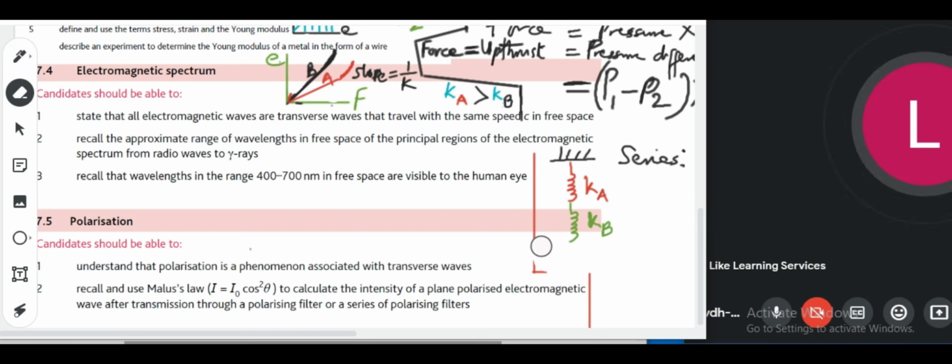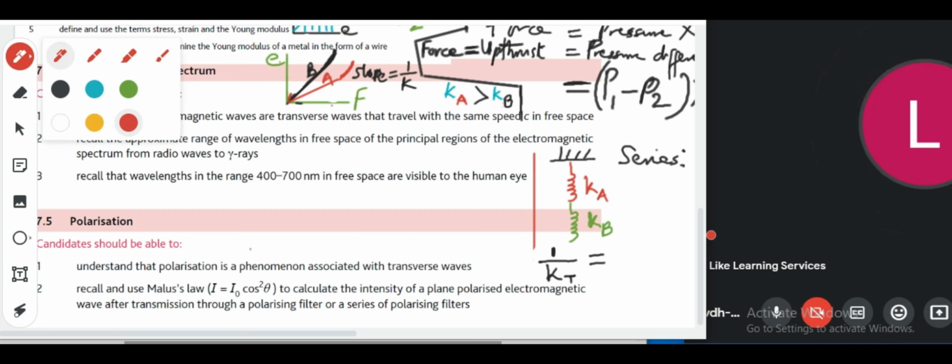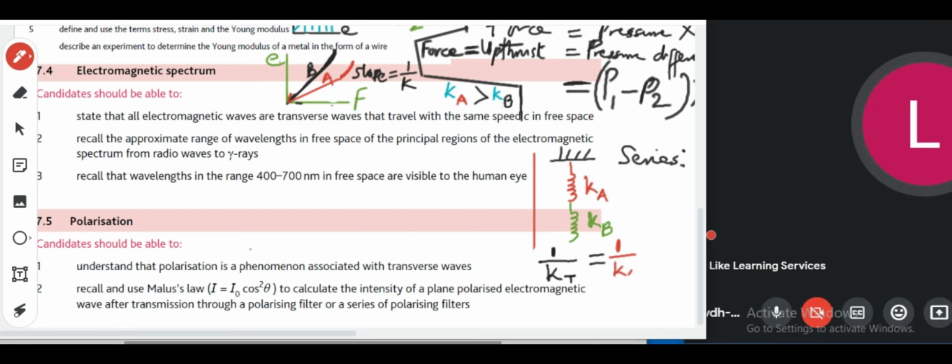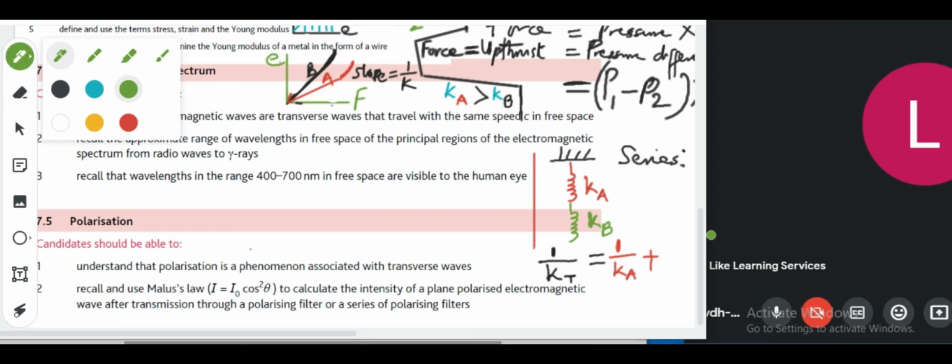If you remember resistances connected in series and in parallel, it will give you an idea of what we're talking about, though in a reverse way. So 1 over K total is equal to 1 over Ka plus 1 over Kb.